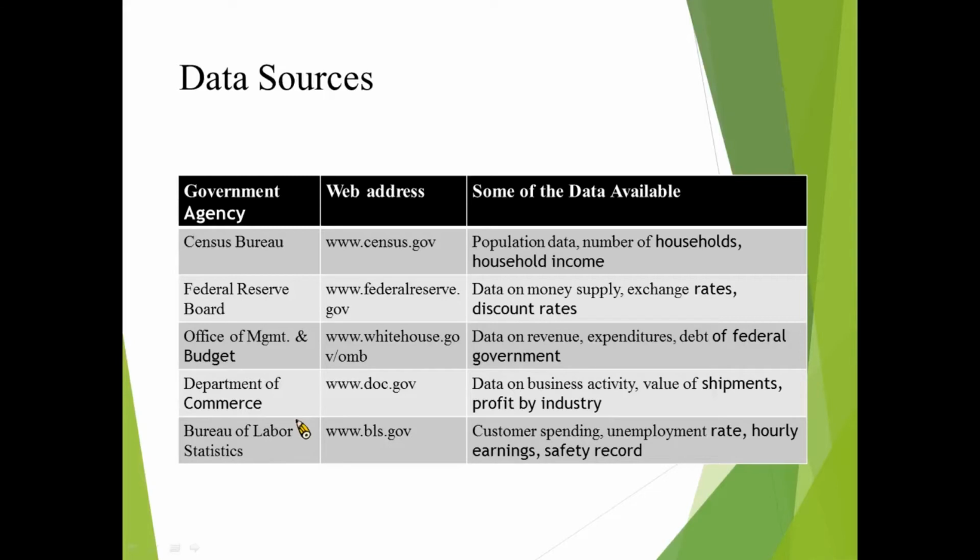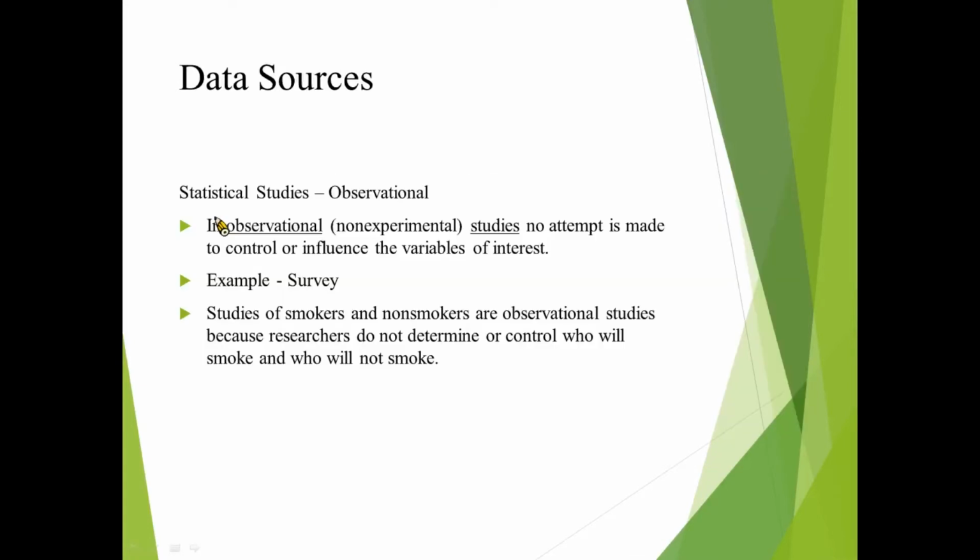And for the data source, there are some references where you can find the data. You do not want to just do the questionnaire; this is first-hand data. You can use second-hand data.